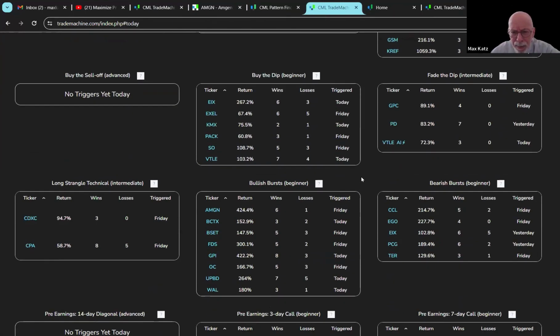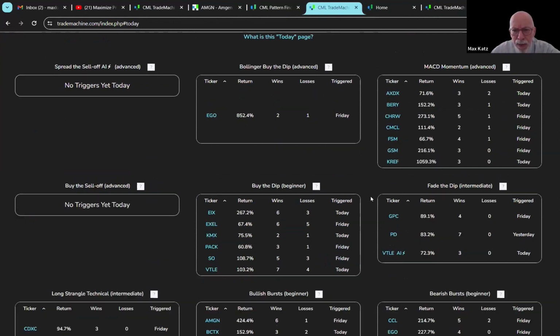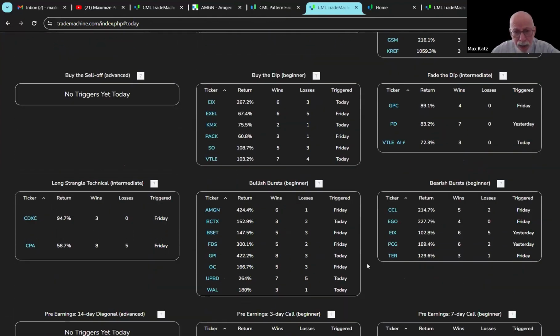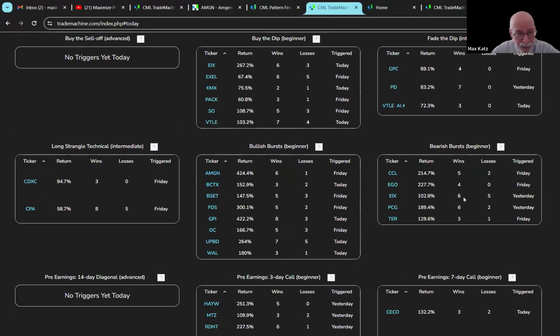One of the other things that came up yesterday in the community was the desire for more bearish potential trades. And I just want to highlight two. One is bearish burst, which is a bearish trade, hence the name.